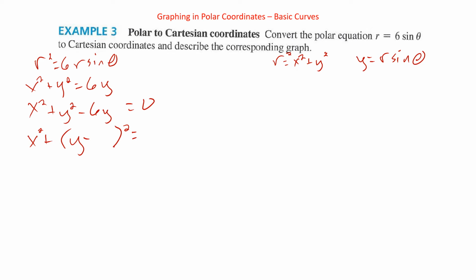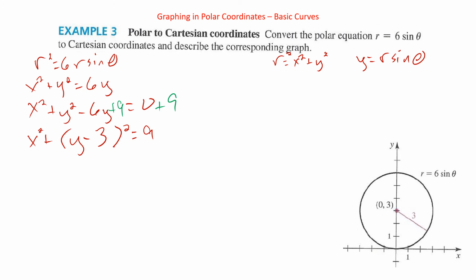It'll be y minus, we divide this number by 2, so it's 3. Then we square that and add it to the equation. If we add 9 there, we also have to add 9 there. So we have x squared plus y minus 3 squared equals 9. That is the equation of a circle with center 0, 3 and radius of 3. So if we graph it, it looks like that.